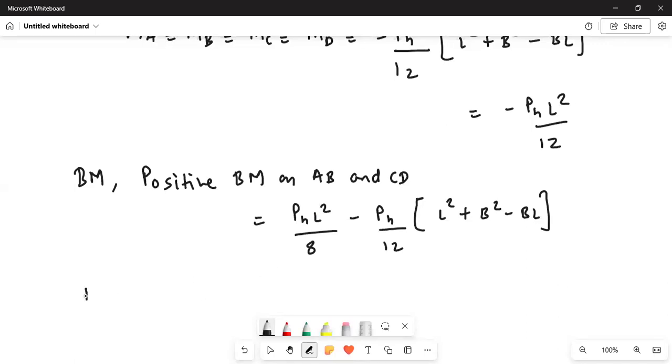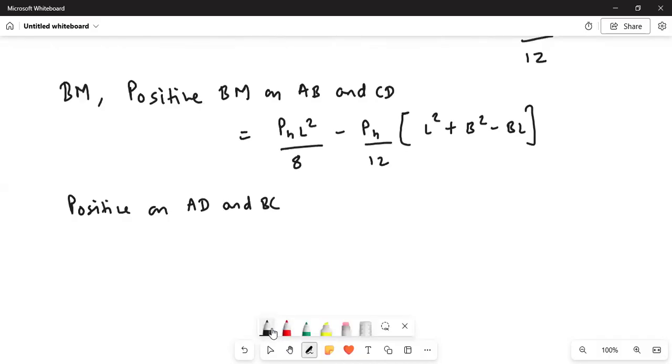Similarly, we need to find the positive bending moment on span AD and BC. The span of AD and BC is B. So it is PH B square divided by 8 minus the corner bending moment, PH divided by 12 times L square plus B square minus BL.